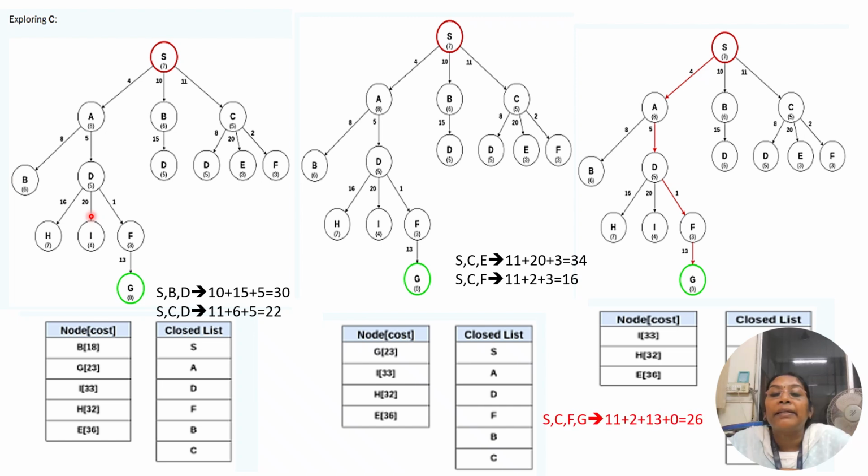Now ultimately, on seeing all the path values, when I take the node as C, the path S, C, F, G gives 26. Similarly, S, A, D, F, G is 23.